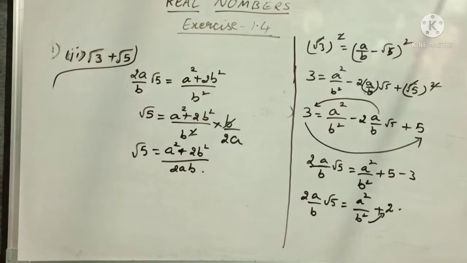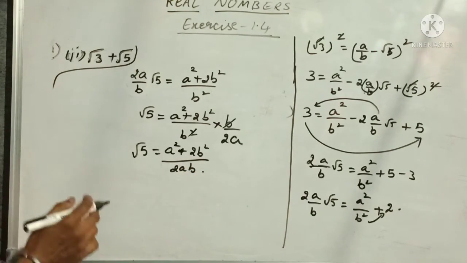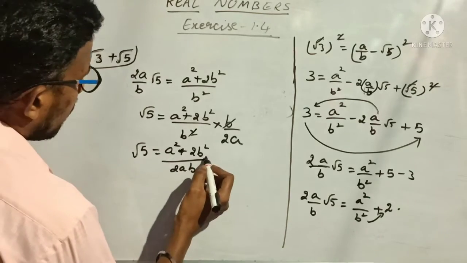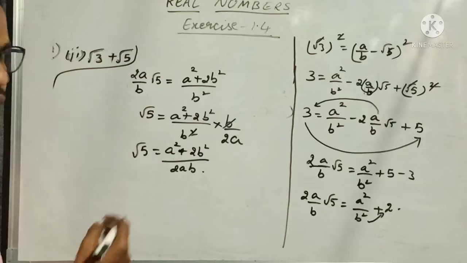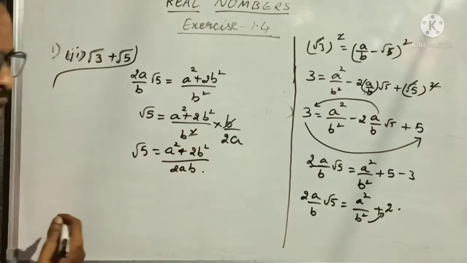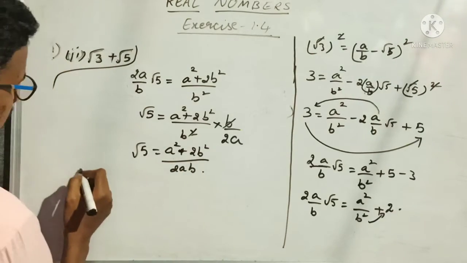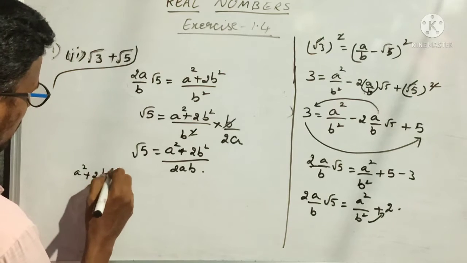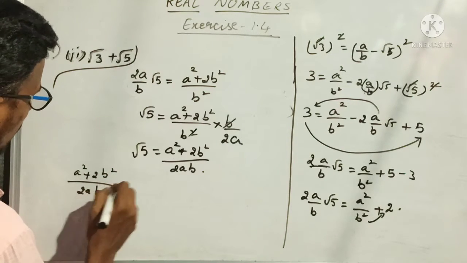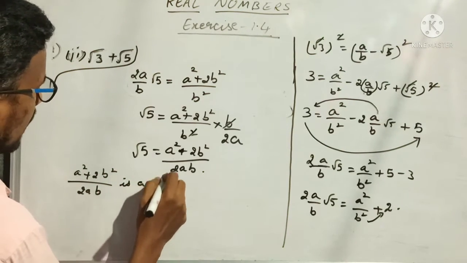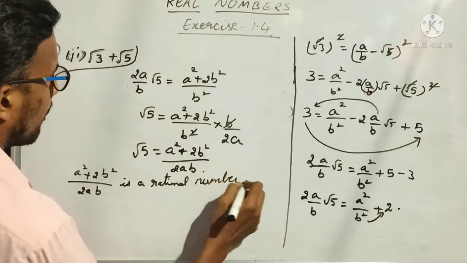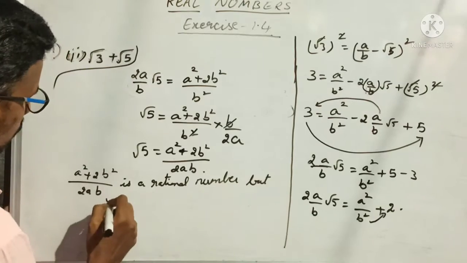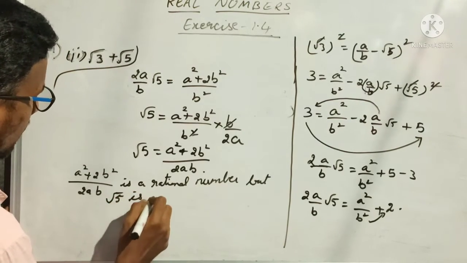Yes? So we clearly see that a square plus 2b square by 2ab, here a, b are integers, then definitely this becomes a rational number, right? A square plus 2b square by 2ab is a rational number, but root 5 is irrational.